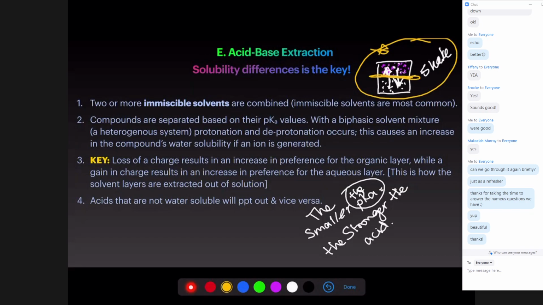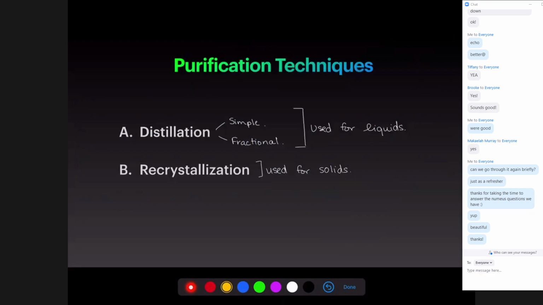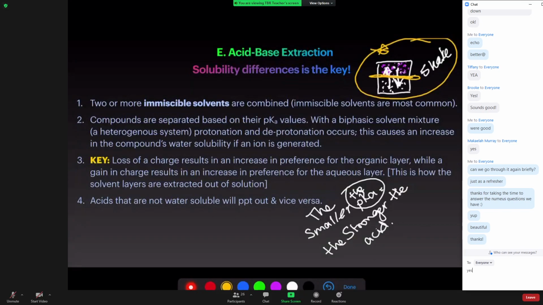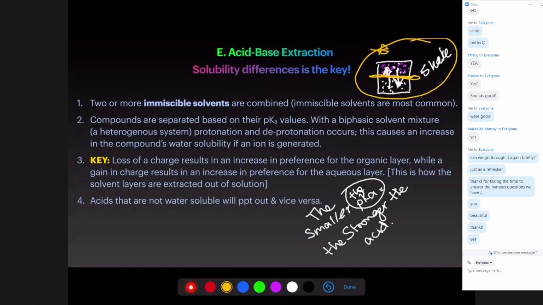For example, if there's an ion in the organic layer that's more soluble in the aqueous layer, that will go over into the aqueous layer as the shaking occurs, and then you separate it. That causes the separation. So in step 4, acids that are not water soluble will precipitate out and vice versa. So that's how the layers separate. Okay. Does that make sense? Yeah, that's a really terrible drawing.